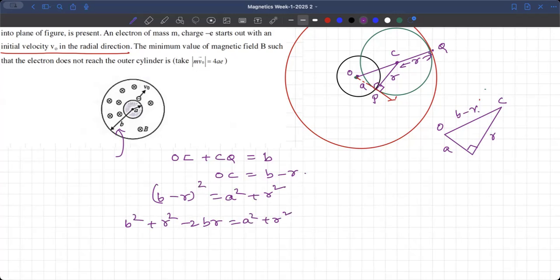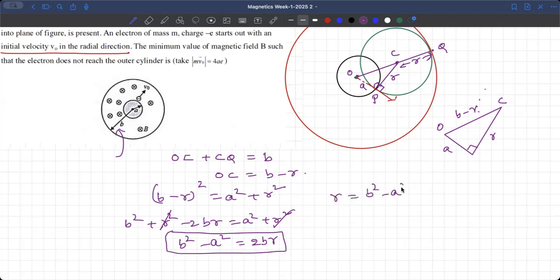Now cancel these two. So finally you have B square minus A square is 2BR. This is one relation which I might require. What is R? B square minus A square by 2B. This is R of this circle.